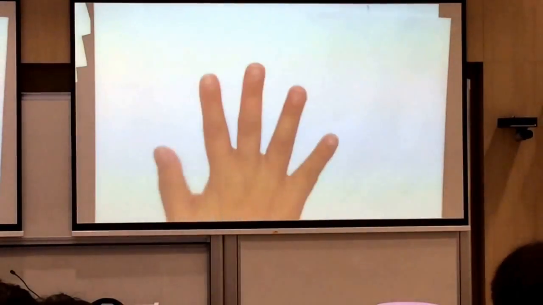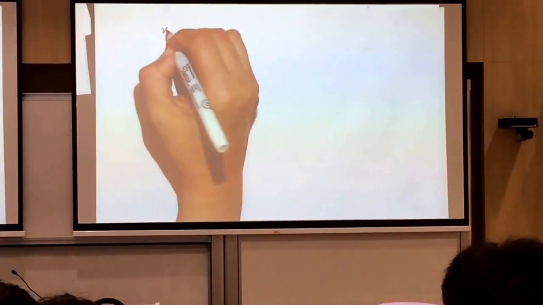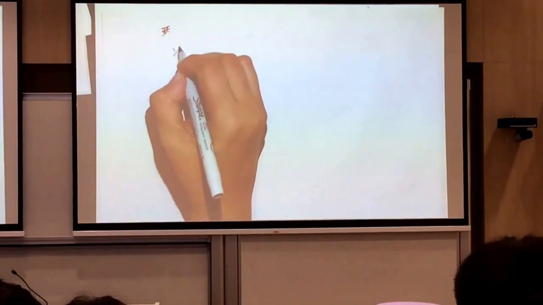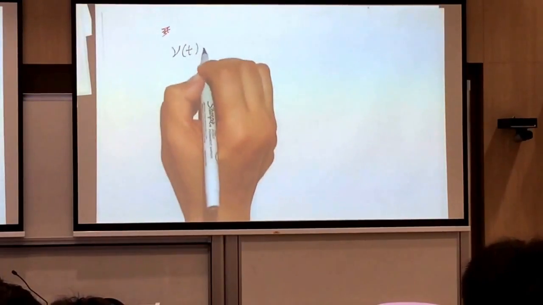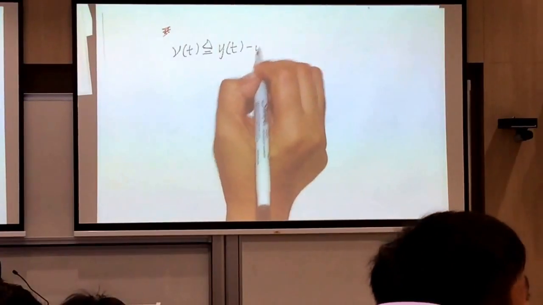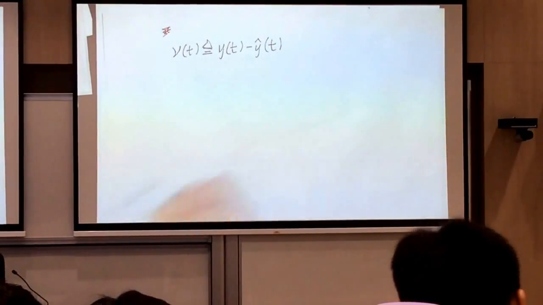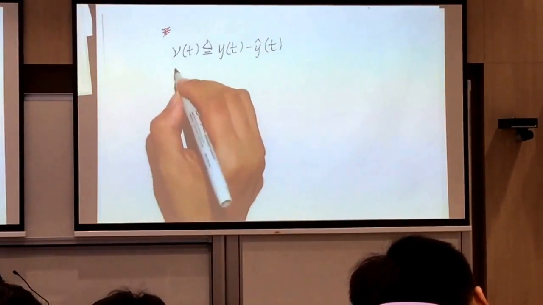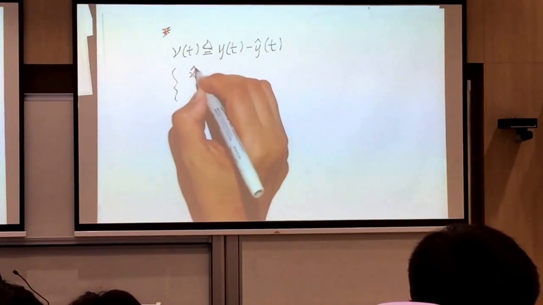This you do not have to copy, the first three sentences. Mu is defined as y of t minus y hat of t. It's an error.